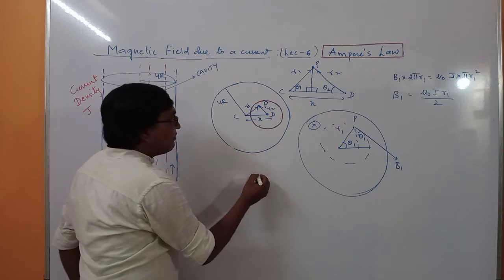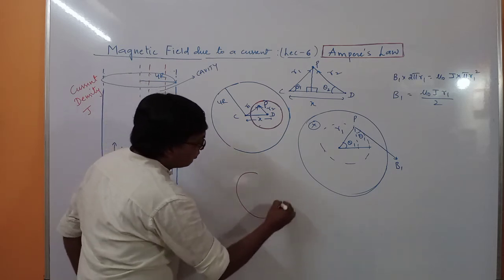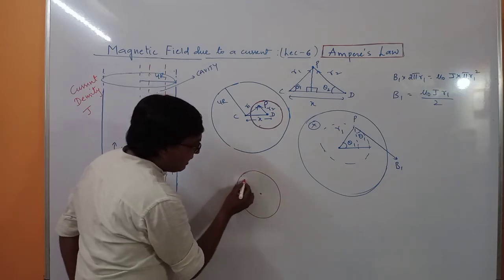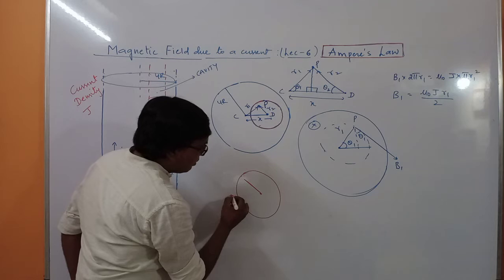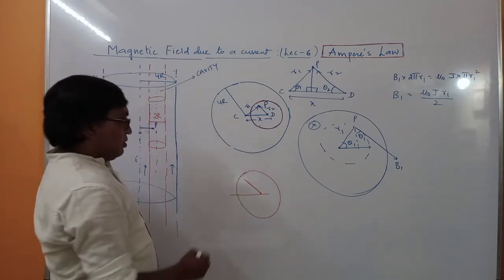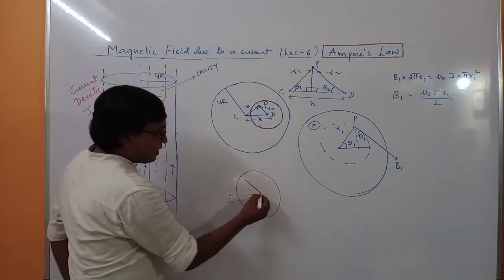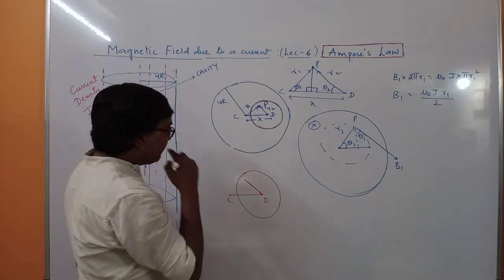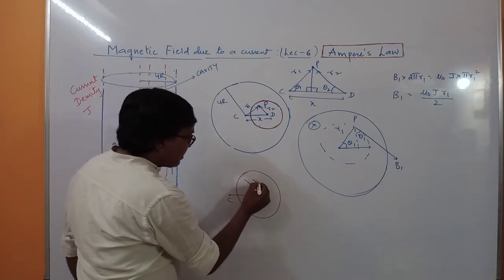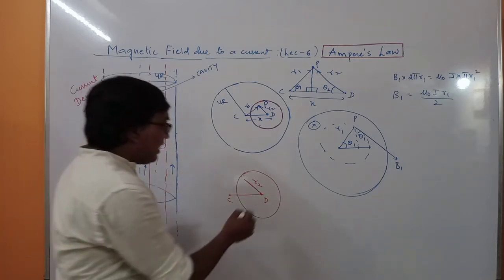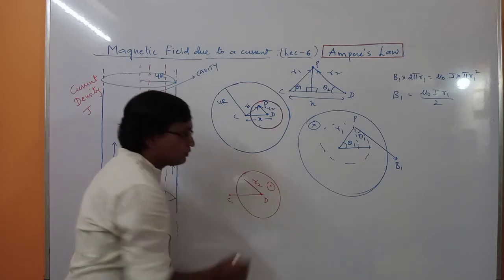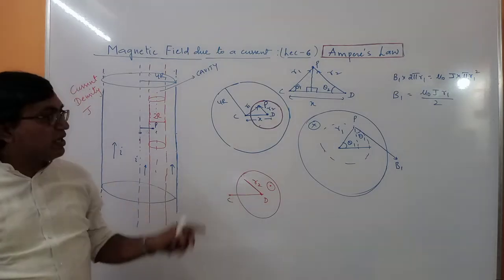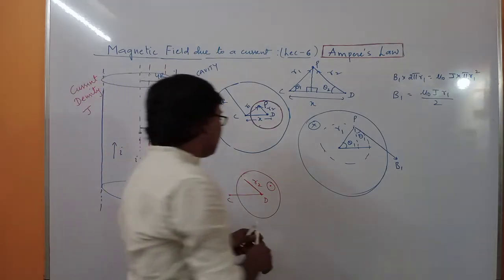So this is the center of the cavity, this is point C, this is point D, and this distance is R2. Here the current is going inside, and here the current is coming outside.